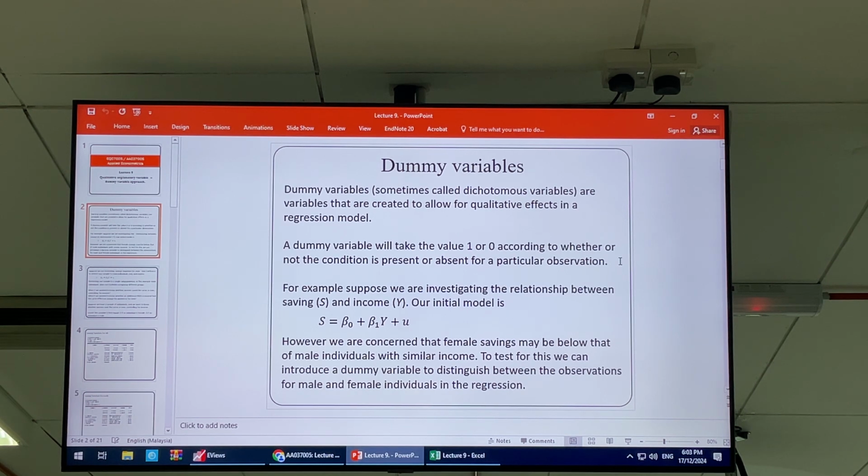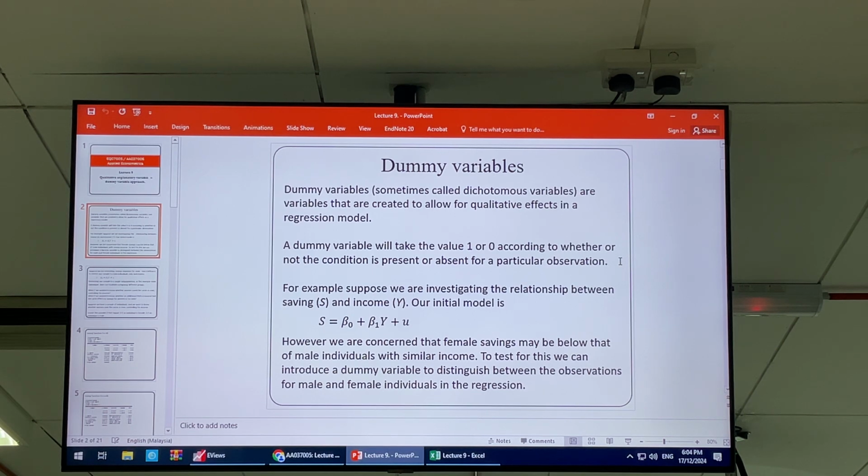Dummy variables, sometimes called dichotomous variables, are variables that are created to allow for qualitative effects in a regression model. The variable is not a real number, not data that we collect, but a variable that we create to represent the effects of different categories.